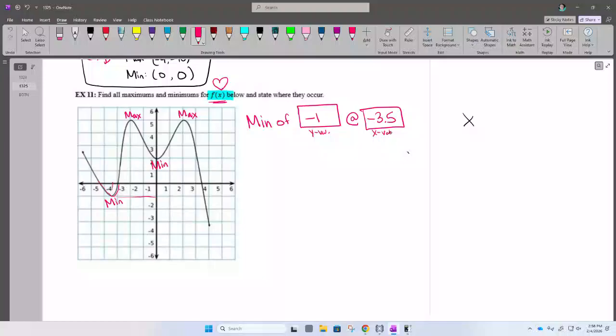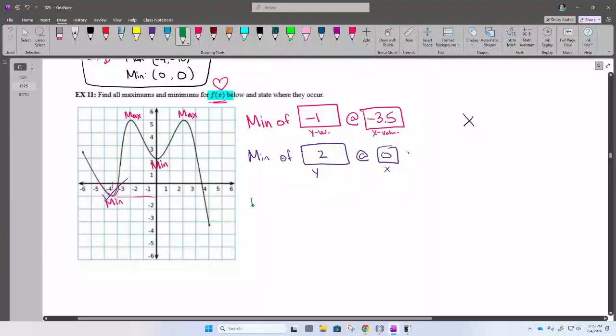That's the x value. Got that one. The next min, I have a min of 2, and it occurs at 0. So again, the y value, the x value.